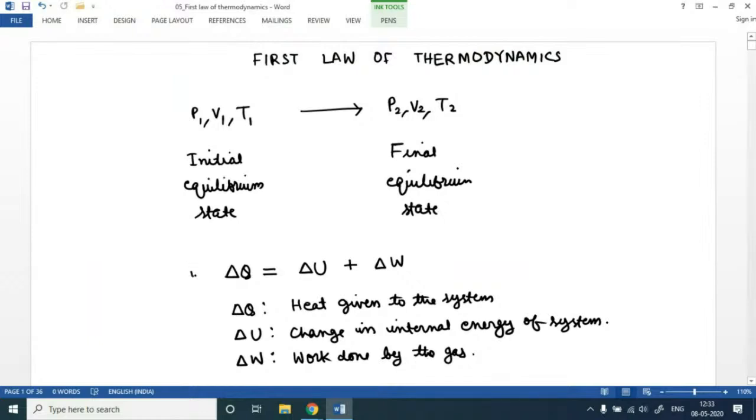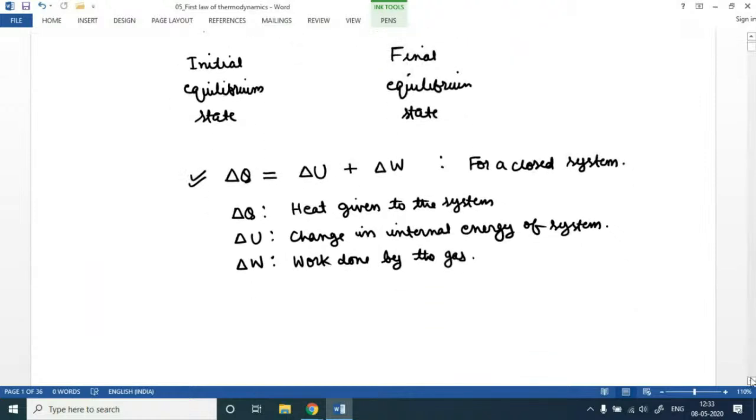So this is the first law of thermodynamics, and it is valid for a closed system. That means there is no exchange of mass between system and surrounding. As you see, this is nothing but the work energy theorem.